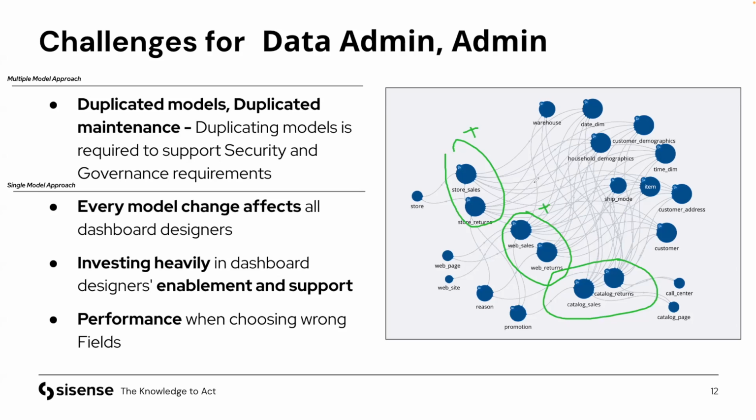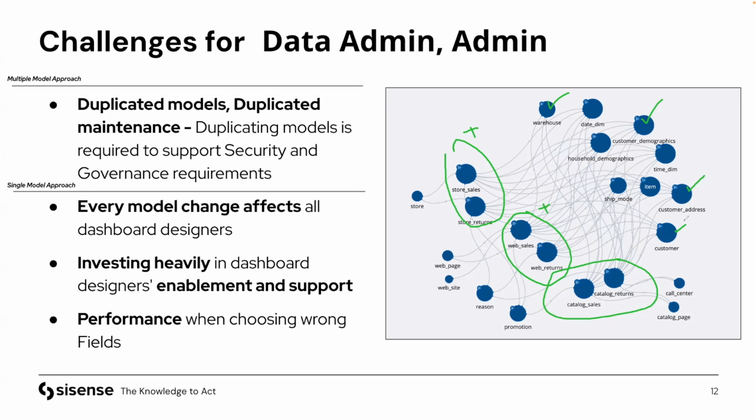Now you have to maintain all these 3 elastic cubes individually. Let's say you have a common table like warehouse or customer demographics. If you're creating a custom column in any of these global DIM tables, then you have to manually update all 3 data models. And let's go to data security. Let's say you have data security on customer address or a customer table, right?